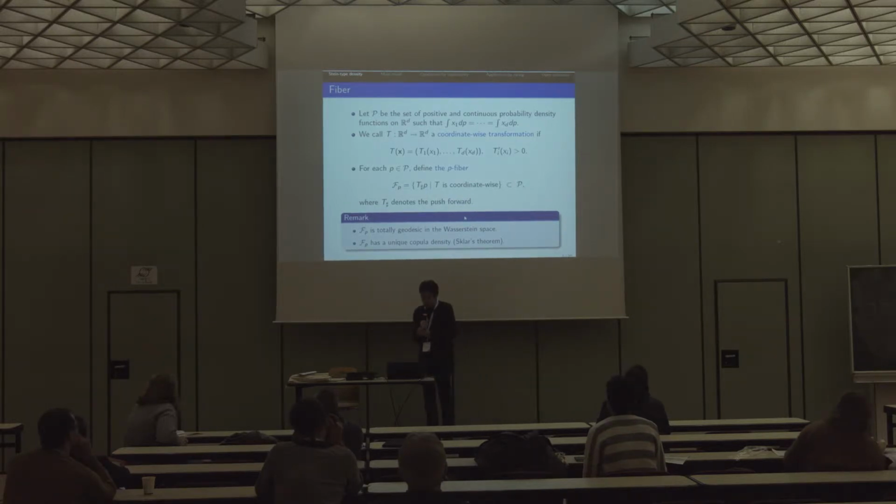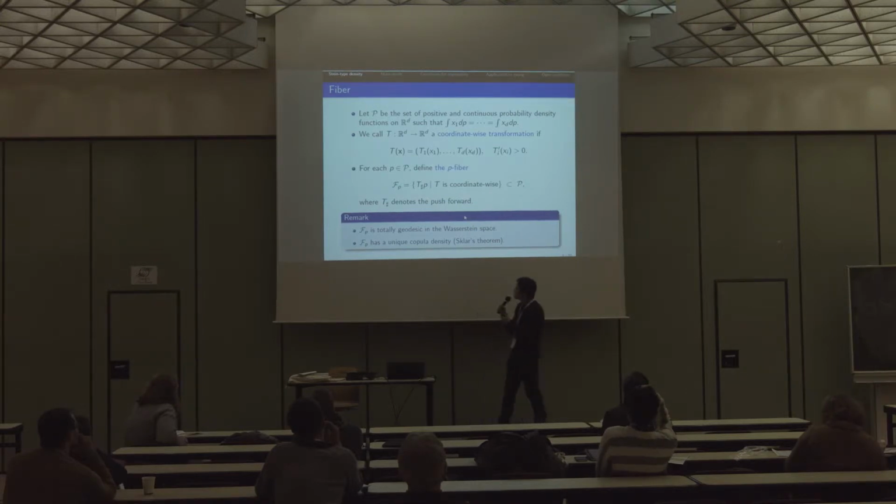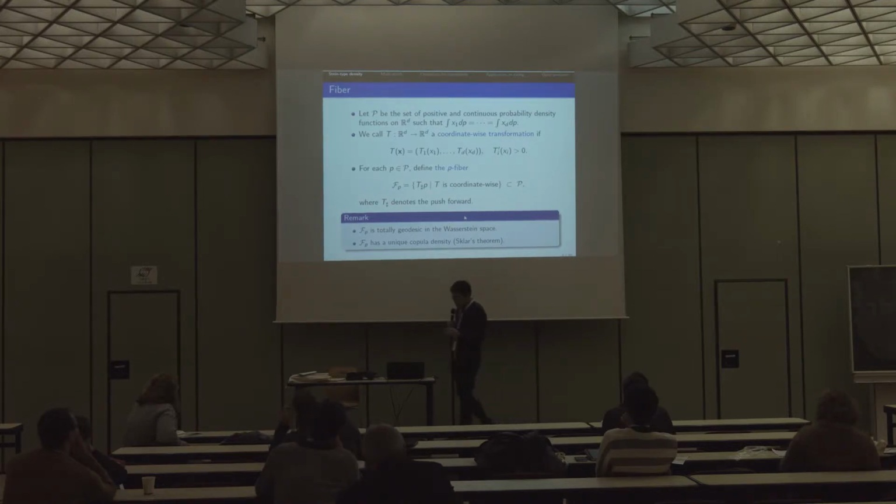We call a map T from Rd to Rd a coordinate-wise transformation if it is written like this. So each coordinate of T depends only on that coordinate.